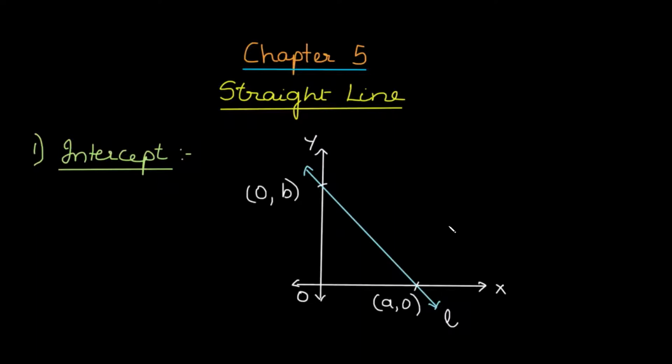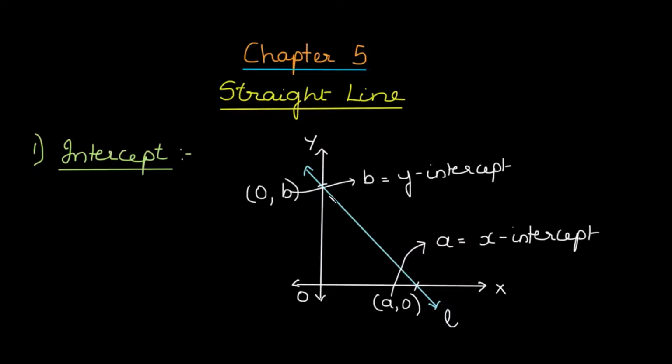Then in this case a is called the x-intercept of the line. So a is the x-intercept of the line, and similarly b is known as the y-intercept of the line. So b is the y-intercept.